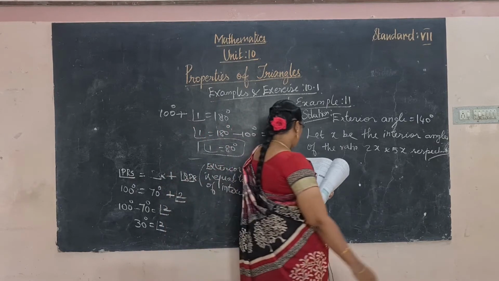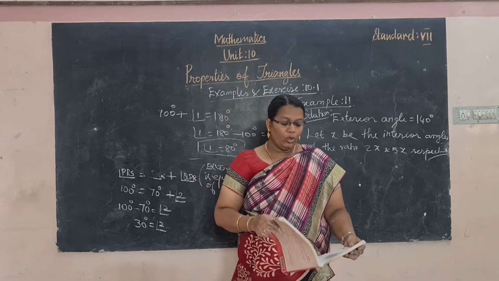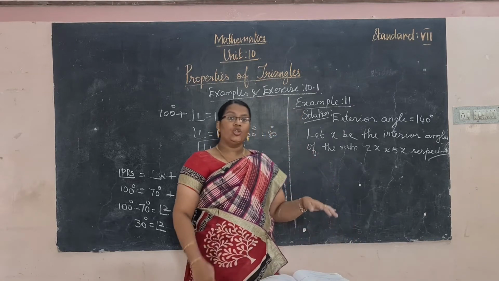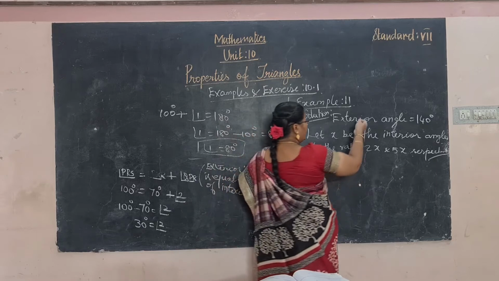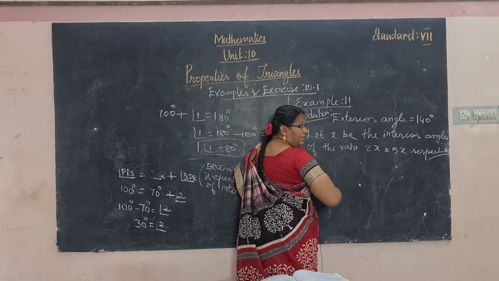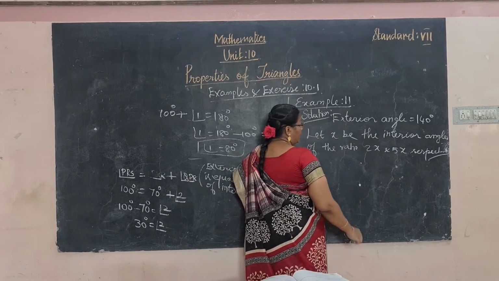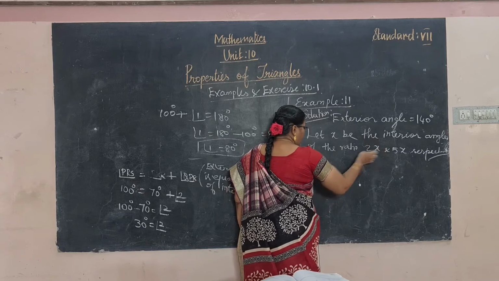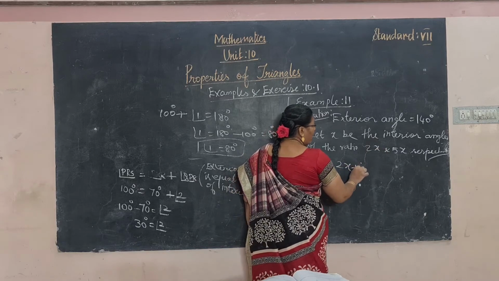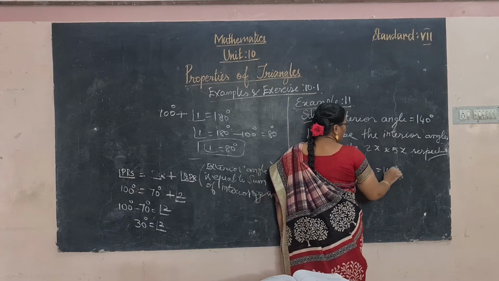Now the interior opposite angles of the ratio are given. So what is the relation between these two? The sum of the interior opposite angles is equal to the exterior angle. So the sum of interior angles is 2x plus 5x is equal to, what is the exterior angle here? 140 degree.